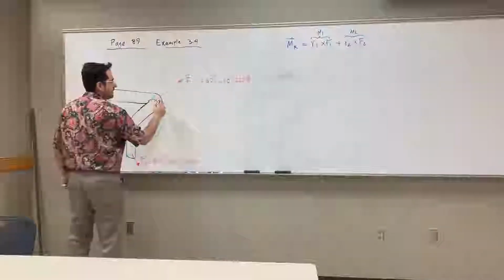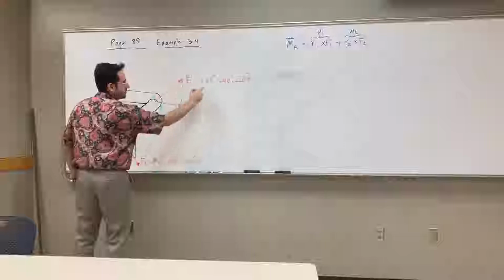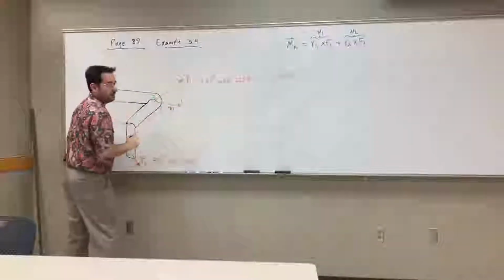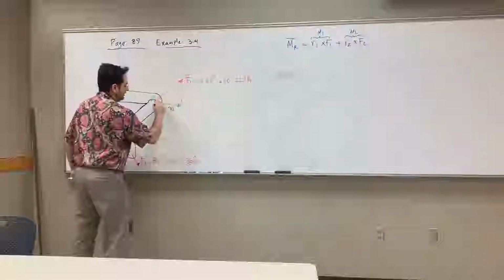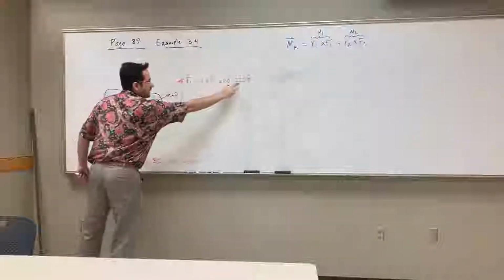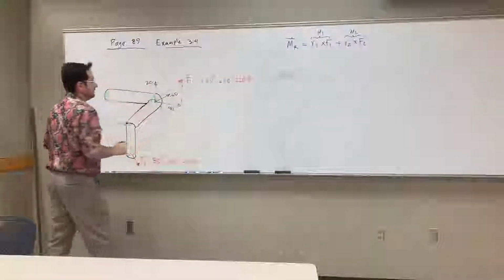So if I break this down, the J component is 40, in the X component negative 60, in the K component positive 20.